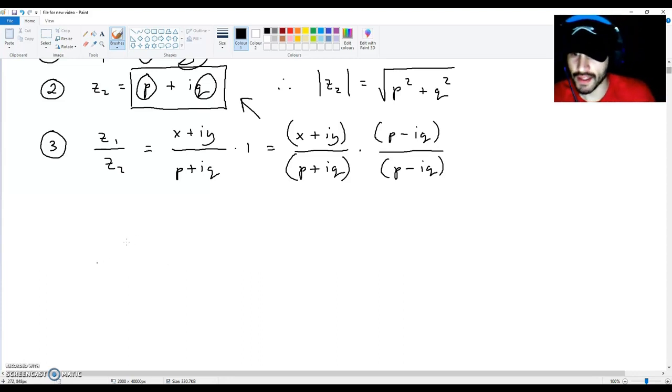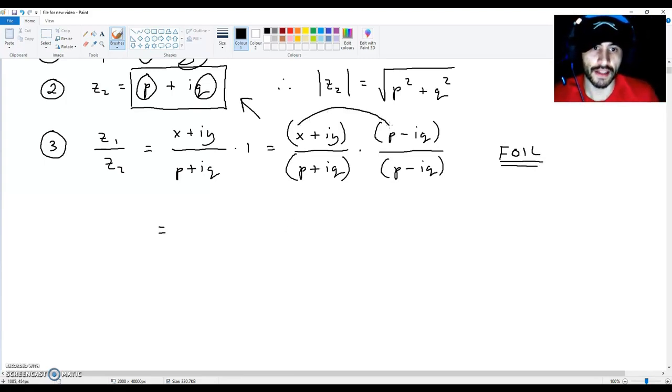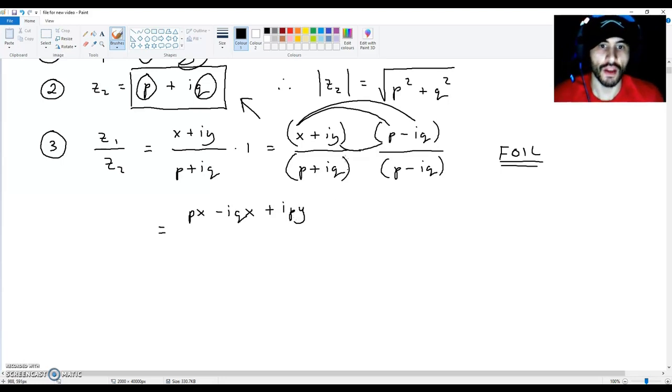Anyway, let's expand this. We are going to do it in alphabetical order, and we are also going to use the FOIL method. So over here, we're going to get px, and then this multiplies this, minus iqx, plus ipy, and then we get minus i squared qy.